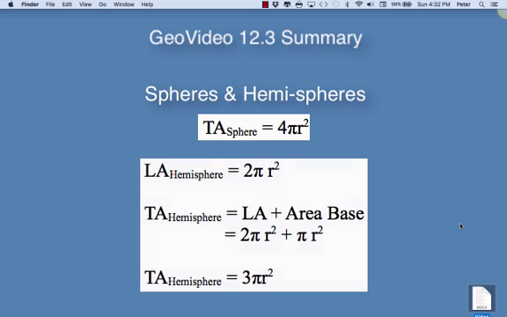And finally, we looked at hemispheres, which have a lateral area. Because there is a base on a hemisphere, we do consider the lateral area and the total area of a hemisphere. The lateral area is 2 pi r squared, and the total area will include the circular base. So that simplifies to 3 pi r squared.